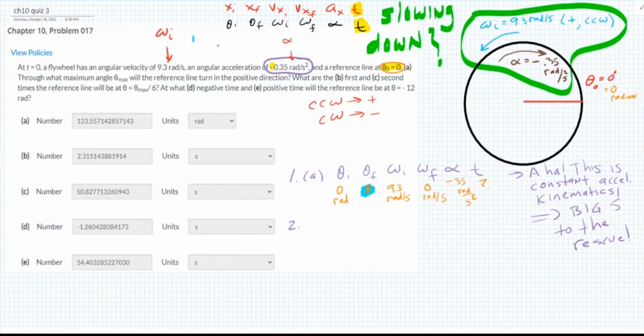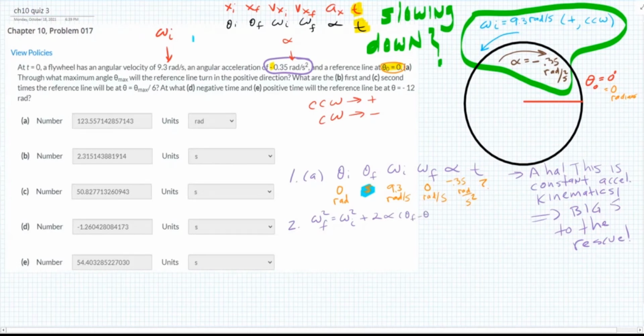I think only one of them didn't have the variable T in it, and that was omega final squared equals omega initial squared plus 2 alpha, theta final minus theta initial.